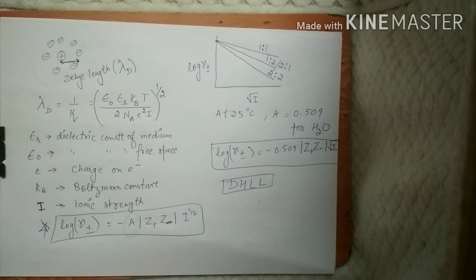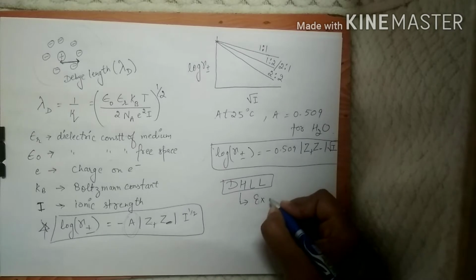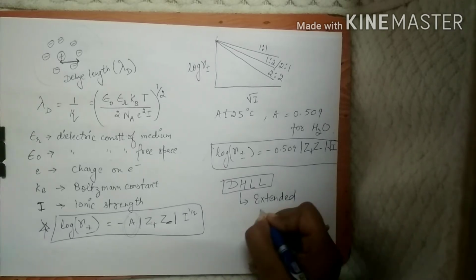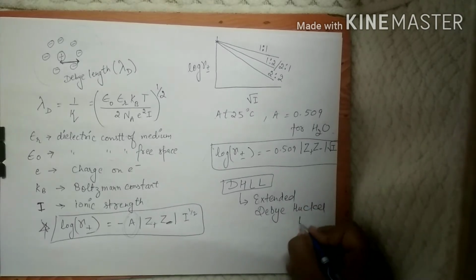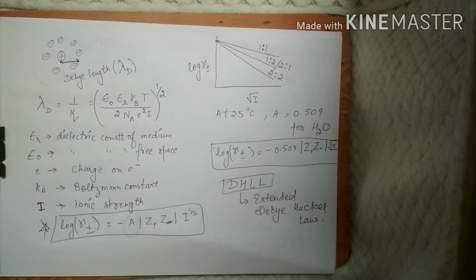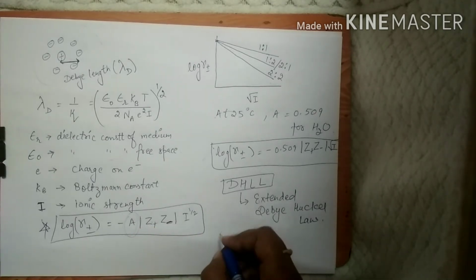Why am I calling it extended? Because this extended law is valid for solutions in which the concentration or molality is very high. So in that case we'll apply the correction, and this equation will change to the equation which I'm going to write down now.